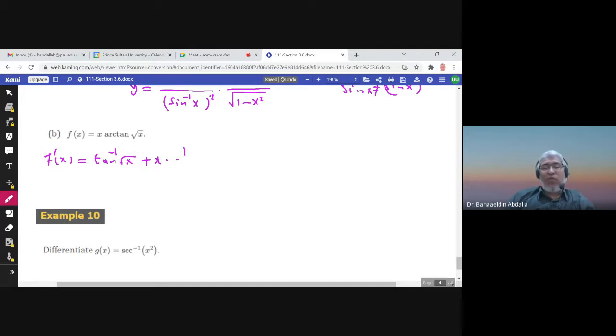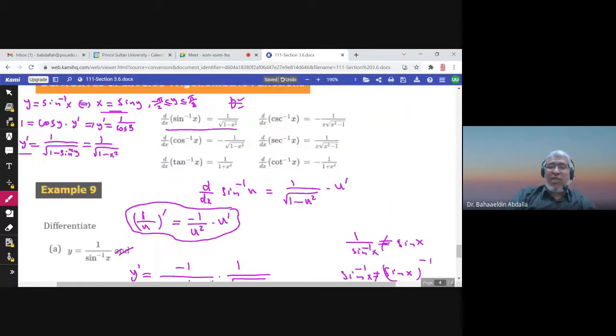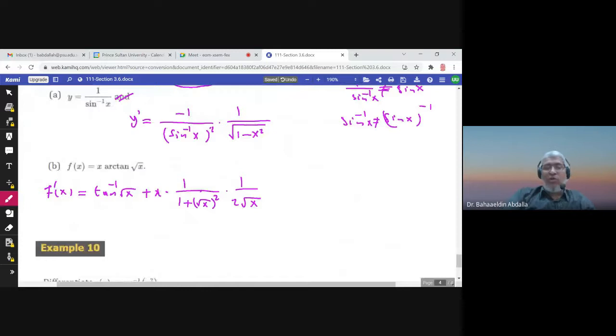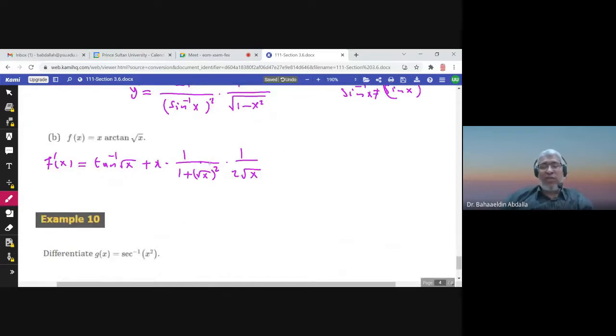It is 1 over 1 plus u square, or square root of x to the power 2, times the derivative of square root of x, which is 1 over 2 square root of x. So that's the derivative of tan inverse, 1 over 1 plus x square, or u square if it is u, not x, and then we multiply by the derivative of u.